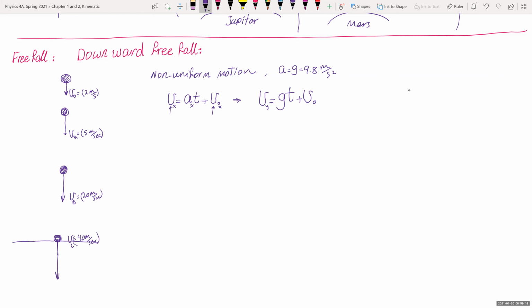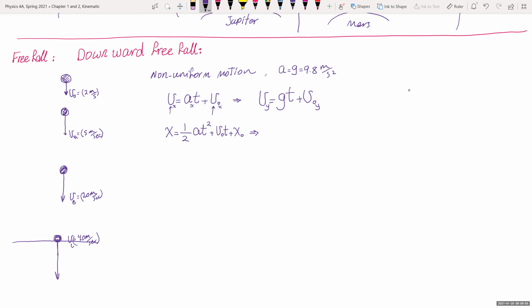It is okay if you put Vy, and it is okay if you don't put index y. That's not a big deal. Feel free to put index y or not. I usually don't. Then the second equation that we learned was x equals 1/2 at squared plus v naught t plus x naught, correct?